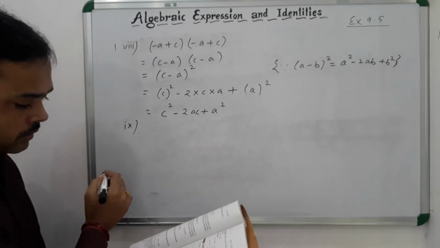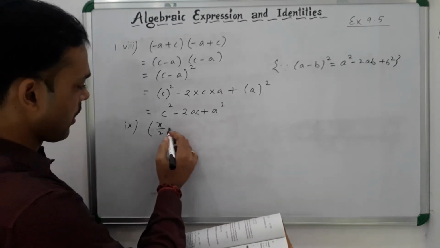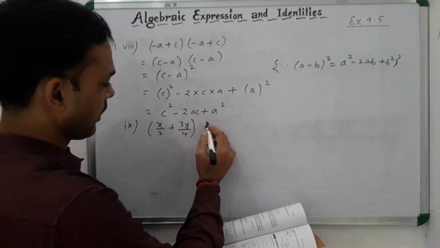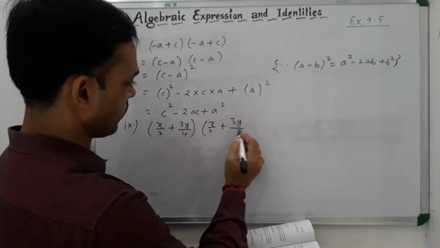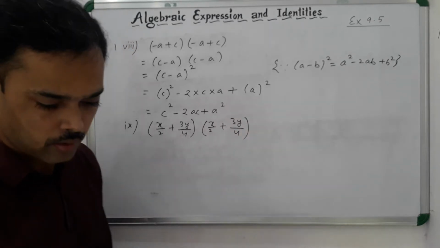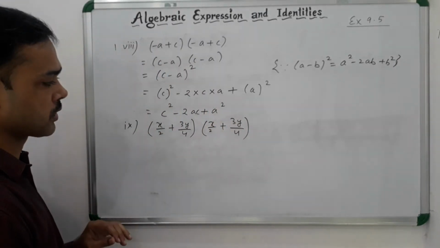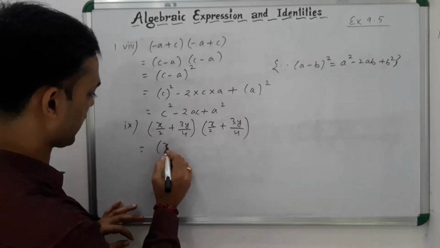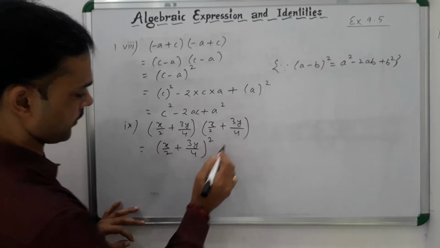In 9th part, the question is x by 2 plus 3y by 4, x by 2 plus 3y by 4. So once again you are finding that they both are the same expression, means we can use x by 2 plus 3y by 4 whole square.